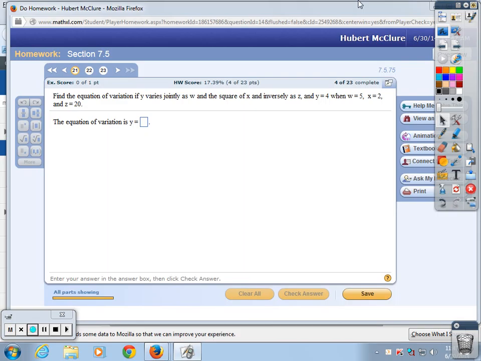Find the equation of variation if y varies jointly as w and the square of x and inversely as z. So just follow the sentence and do what it says and you should be okay. But should you do inversely first, so you can get the square of x and put that into the joint? You're just going to do y is equal to w x squared over, I'll let you finish it.